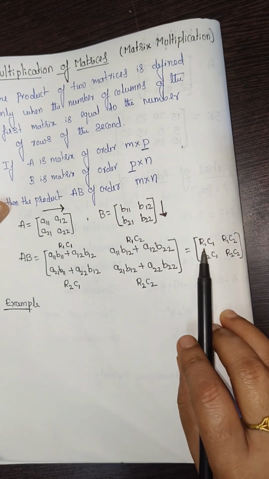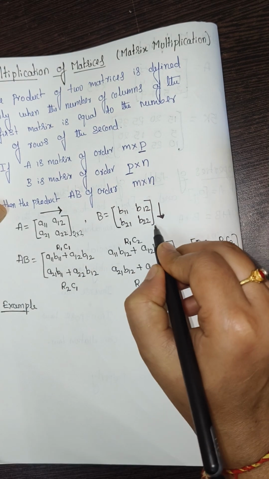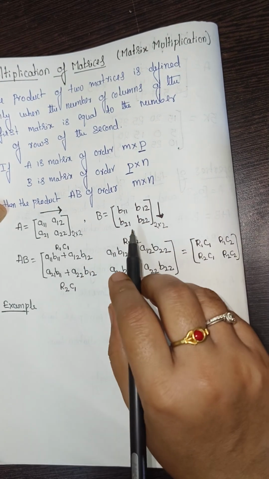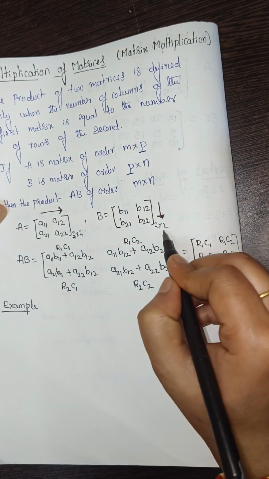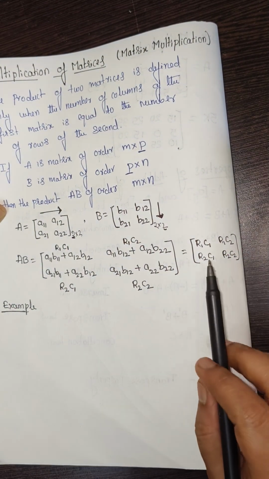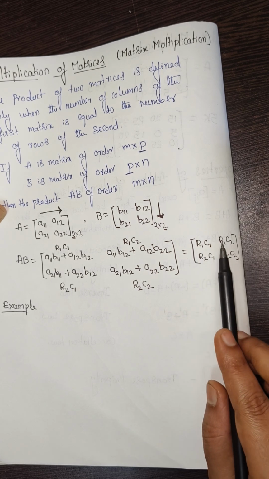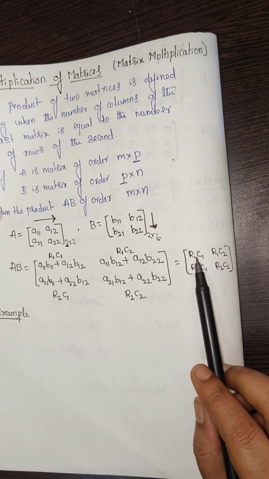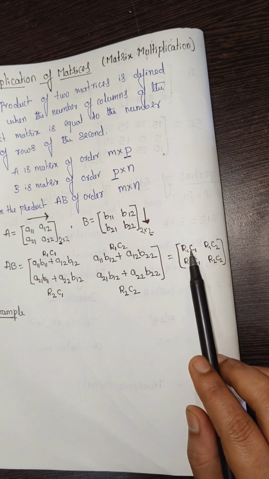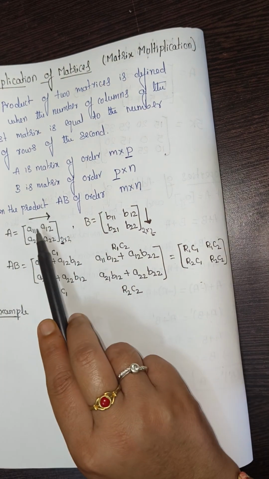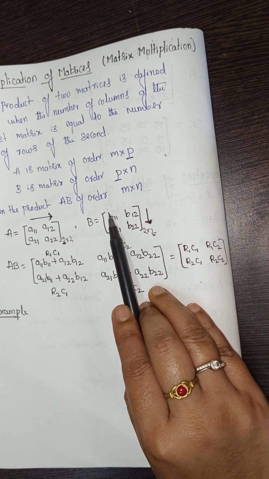AB equals, if it is a 2 by 2 matrix, the resultant matrix will also be 2 by 2, because it takes the rows from the first matrix and the columns from the second matrix. So write down the resultant matrix as R1C1, R1C2, R2C1, R2C2. Rows you take from the first matrix, and columns from the second matrix.